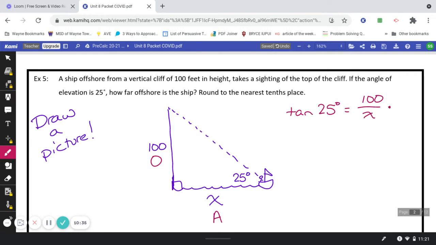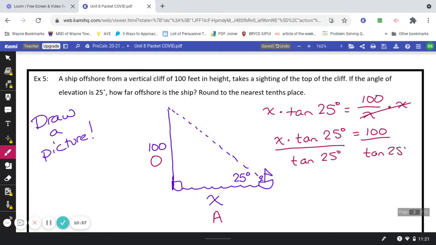I have to start by multiplying by x, getting the x out of the denominator. Then I can divide by the tangent of 25 to get the x by itself. And then we go to the calculator.